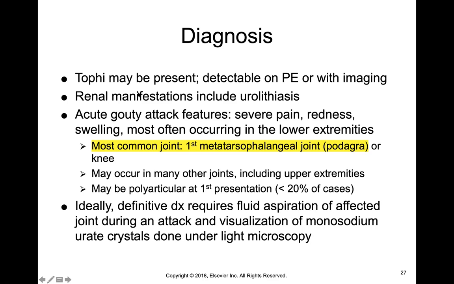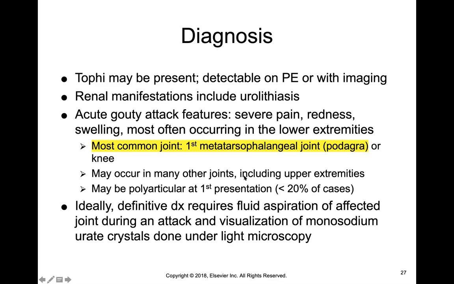Patients who are suffering from gout may have some renal manifestations, including urolithiasis or kidney stones. And acute gouty attacks feature severe pain, redness, swelling, most often occurring in the lower extremities. So the most common joint is the first metatarsophalangeal joint, which would cause podagra, or the knee.